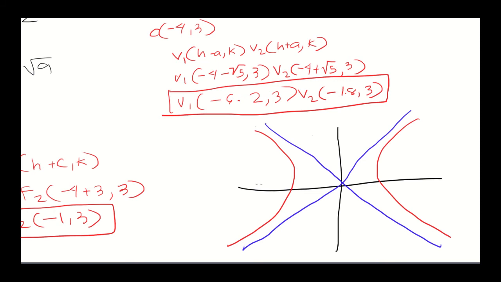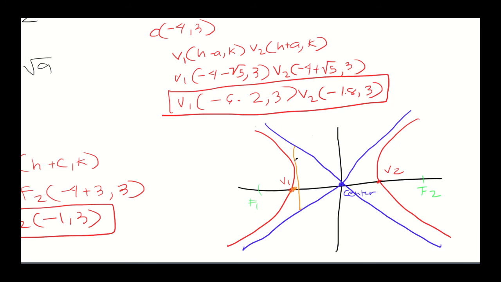Then you will have here the focus 1, then the focus 2 over here, then our vertices here. This is vertex 1, then this is vertex 2, then probably this is the center. Okay, then this is our asymptote, the blue one. Then we have the auxiliary rectangle, which is the one that hits the vertex.